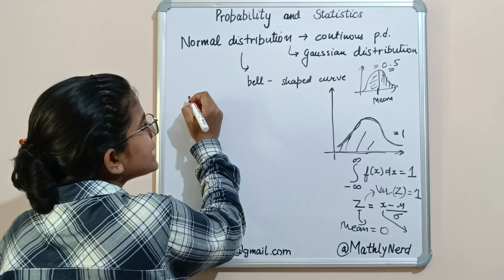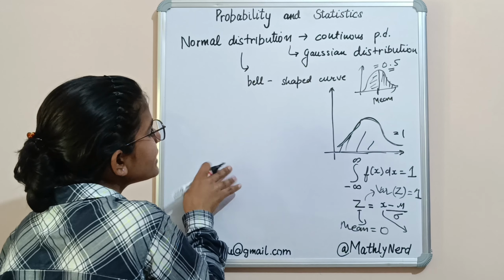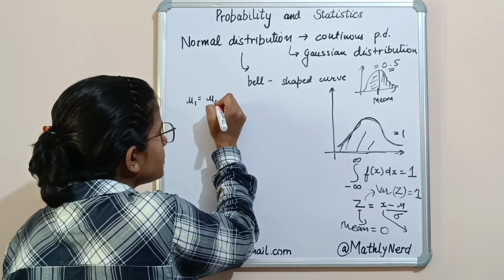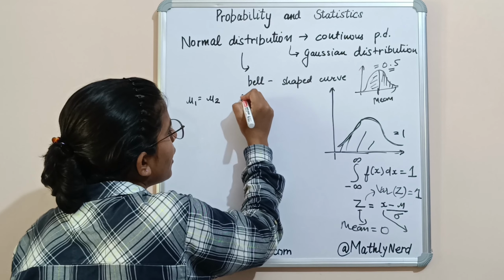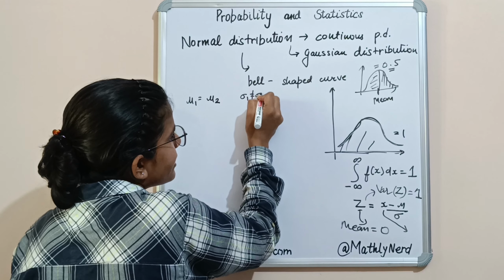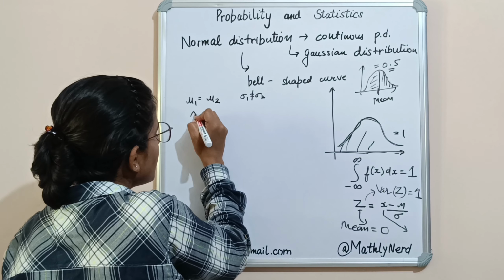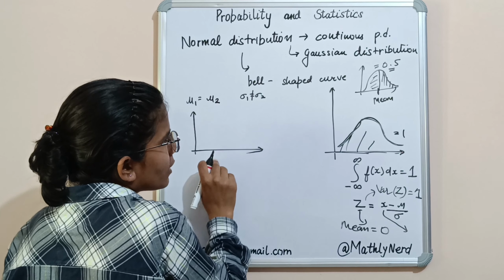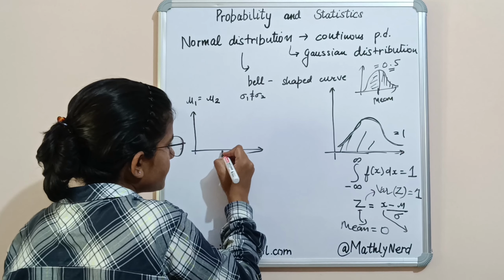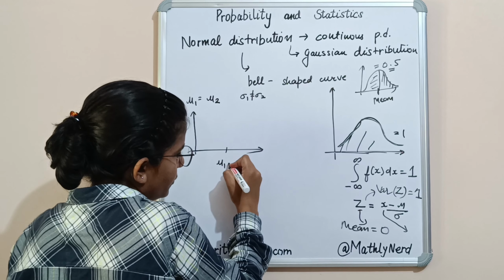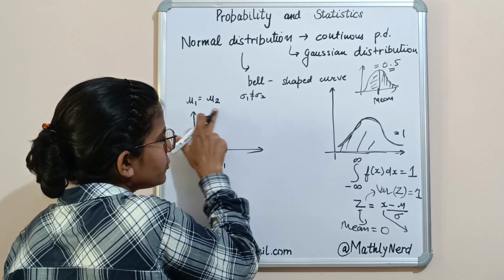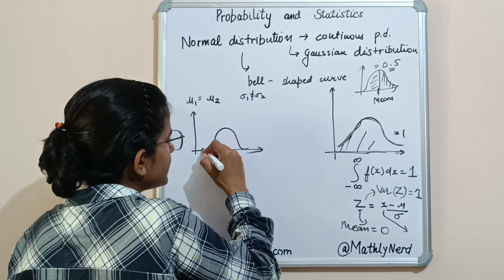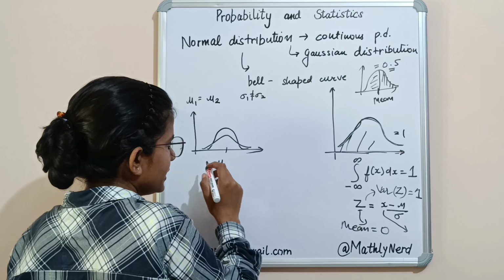Now let's say we have two normal distributions and mu1 equals mu2, so they have the same mean but different standard deviations. They can be plotted as, this is mu1 and as mu1 equals mu2, one graph will be this and one graph can be this.